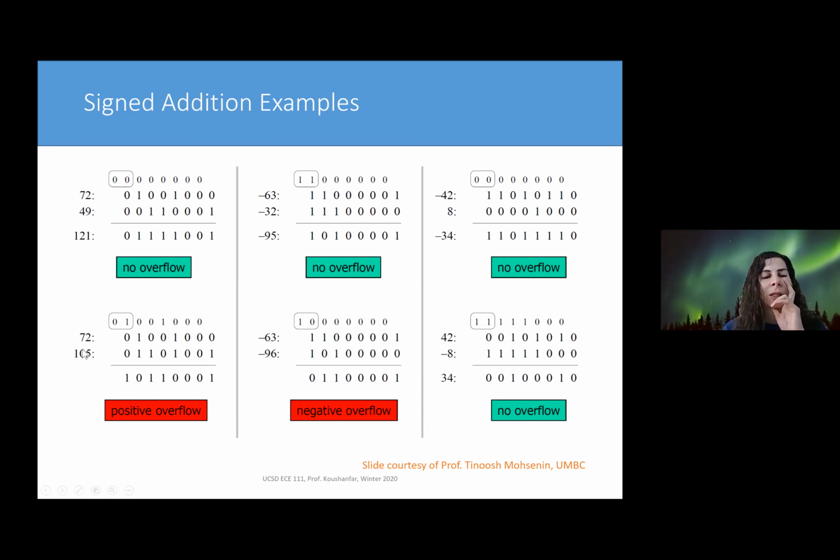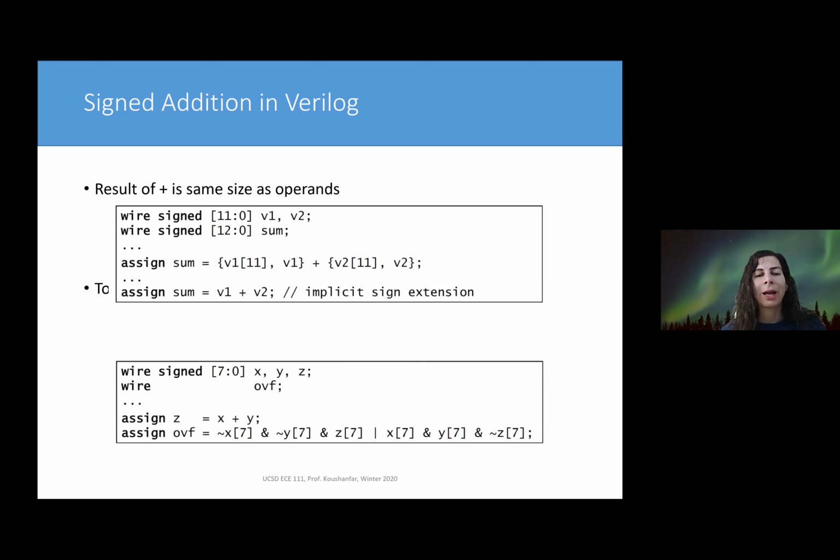For example, if we add 72 and 105, even though these are 2 positive numbers, the sign bit shows a negative number, which is wrong. And again, if you're adding 2 negative numbers, because of this overflow problem, the sign bit is 0. So you have to be very careful with signed addition and the number of bits. Otherwise, you could easily get into this problem of overflow.